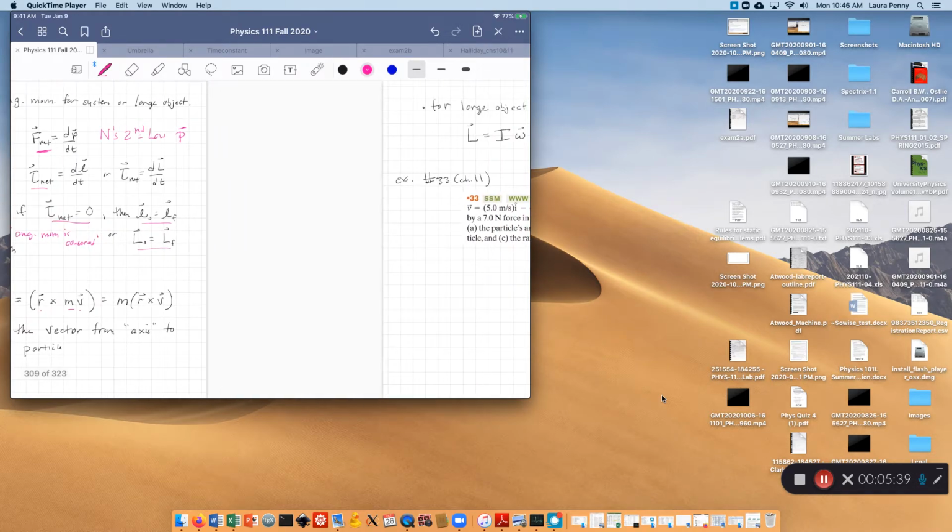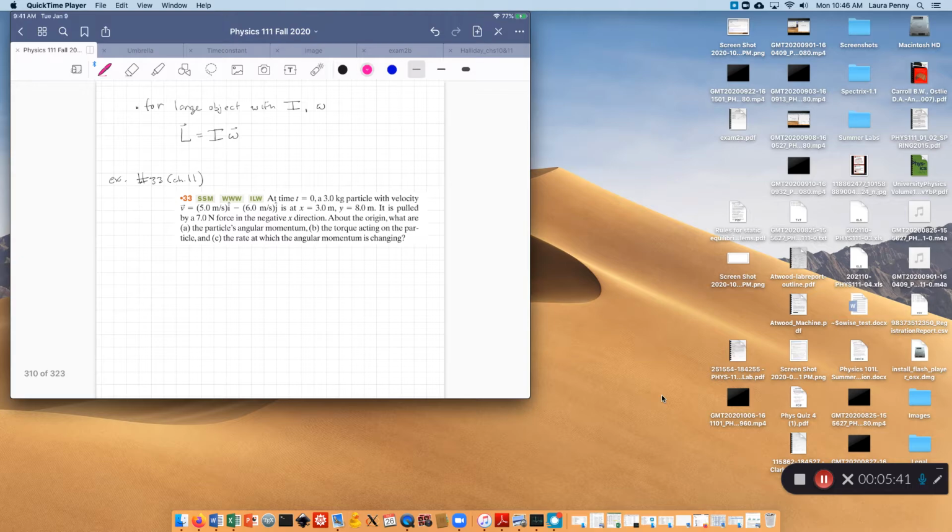I think we're going to do an example of that. If you have a large object that's just spinning around something, say I've got some sphere spinning around some axis.